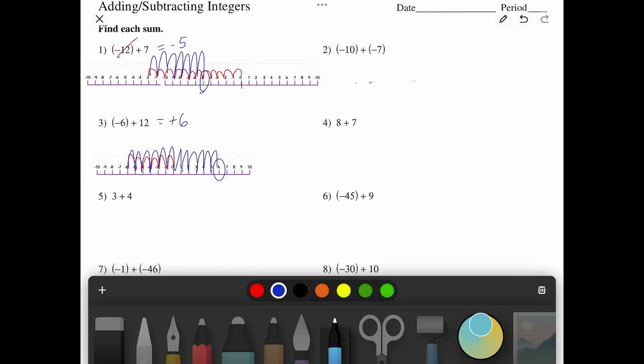And if you have something like this, negative 45 plus 9, now you can just start at a negative 45, and you know you're going to be going to the right.